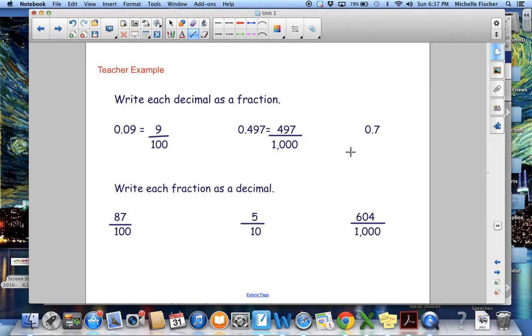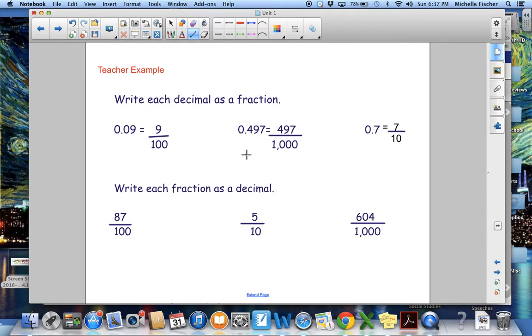Alright, and my last one, I have just 7 tenths. My 7 is in the tenths place. So this will be an easy one. It's going to equal 7 over 10. And we're going to put a line in there. There we go.